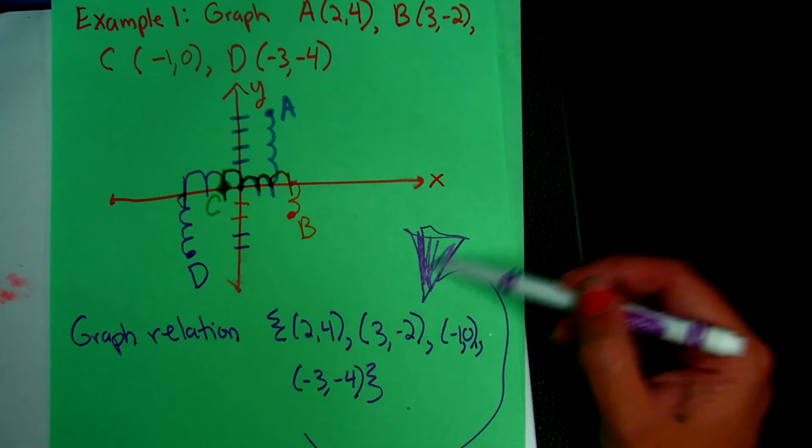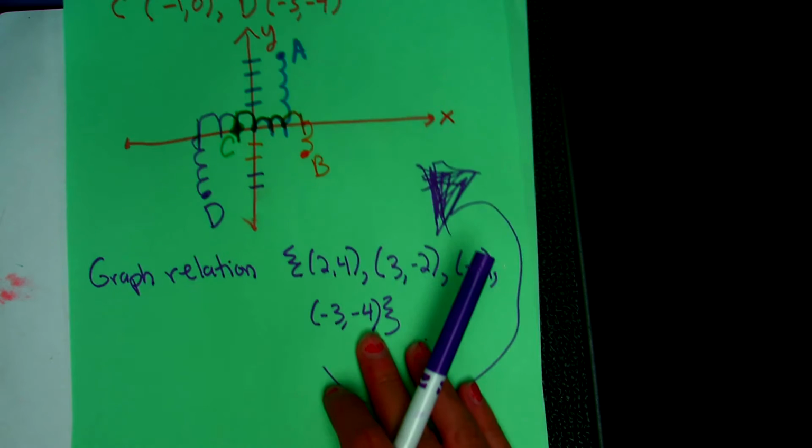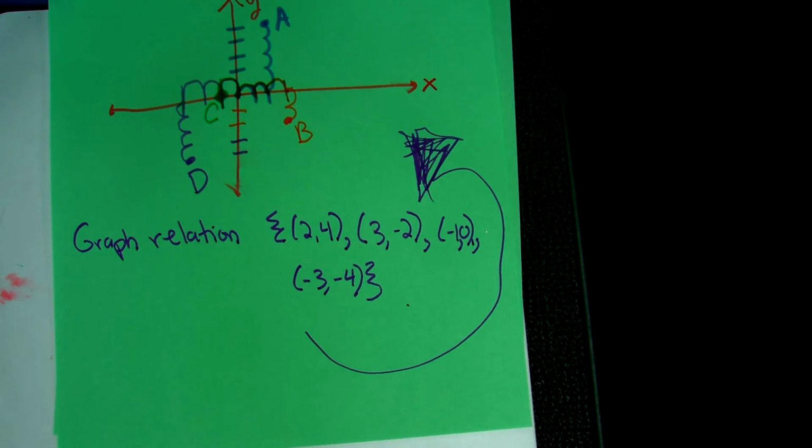Okay, so we should also be able to write down a relation given a graph. If we are given a graph, we should be able to look at that graph and then write down a relation. So let's do an example of that.